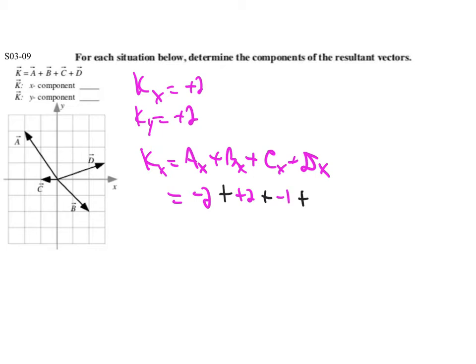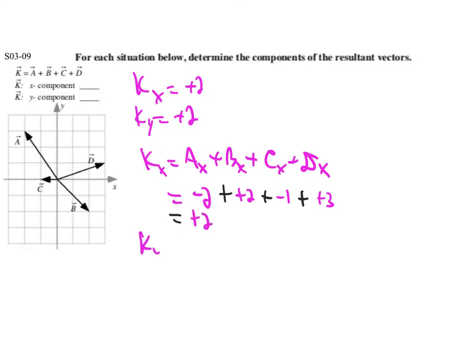And finally, dx is this, which is plus 3. And we see that minus 2 plus 2 is 0, minus 1 plus 3 is plus 2, just as expected.